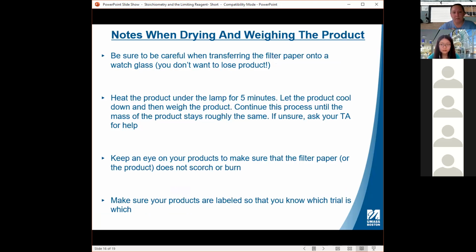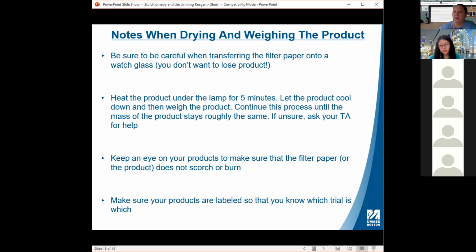When you're transferring from the filter paper to a watch glass, make sure that your watch glass is big enough so that all of the product fits on it, and make sure nothing falls out of the filter paper onto the lab bench or something. You want to keep an eye on your product while it's drying.